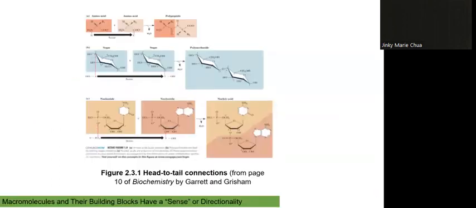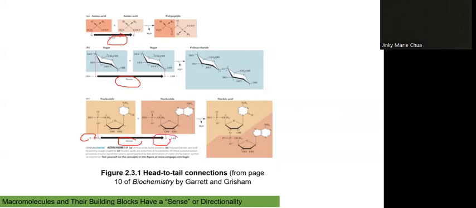So we go to the next picture, and this is first on our list, biomolecules have a sense of directionality. They don't just bind anyhow to build something. And in this picture, you will see the end-to-end chemical orientation of a single strand of nucleic acid. So in a single strand of a nucleic acid, you will see that there's a sense. You have here the 5' end and a 3' end.